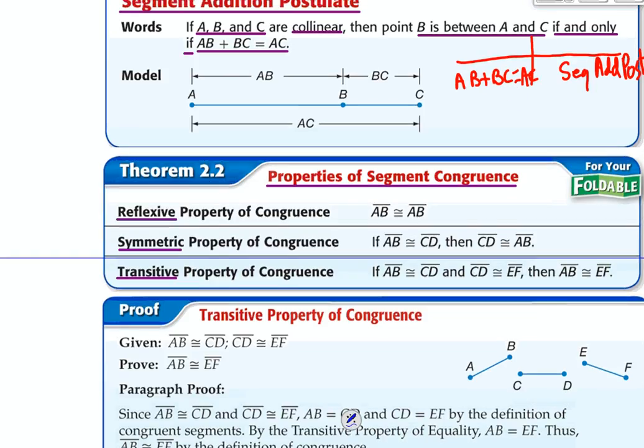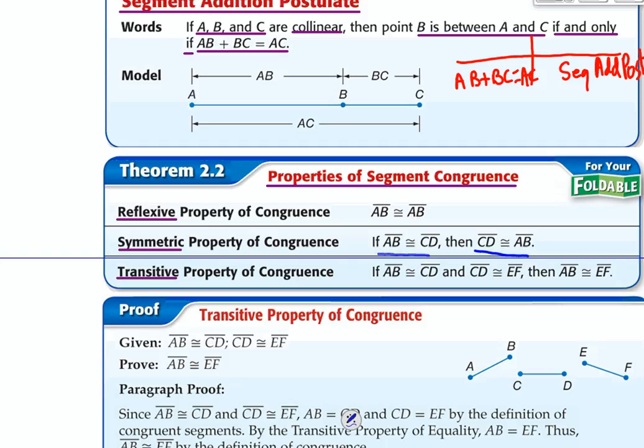Today we'll use several of these properties of segment congruence, the reflexive property, the symmetric property, and transitive property. Remember, reflexive just says that something is congruent to itself. Symmetric is when we want to flip that congruence statement. So if we say that something is congruent to the second thing, then the second thing is congruent to the first thing.